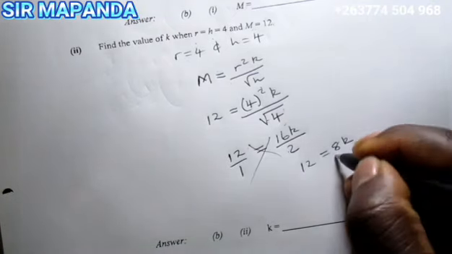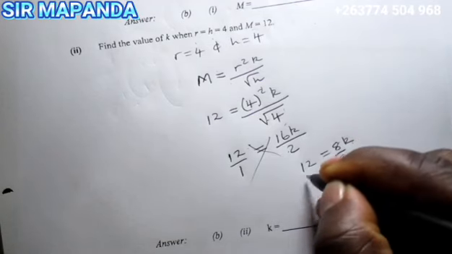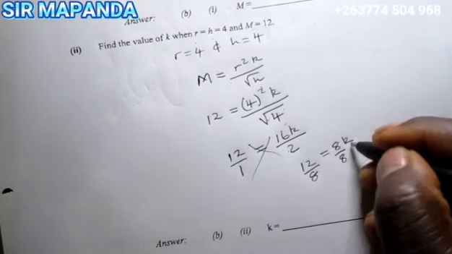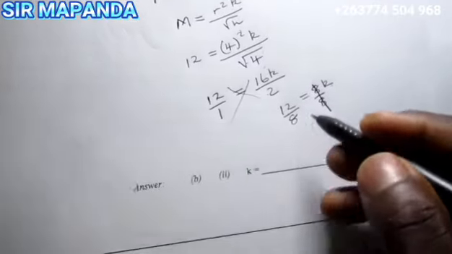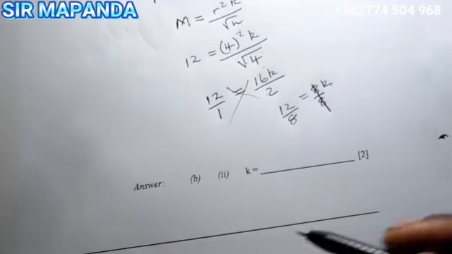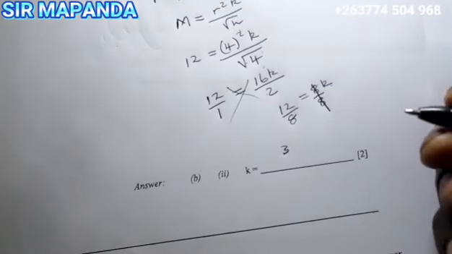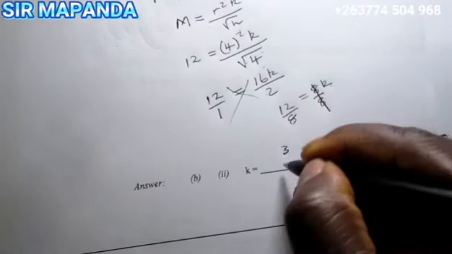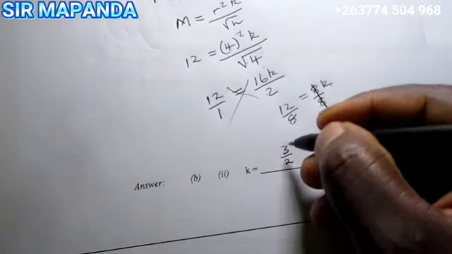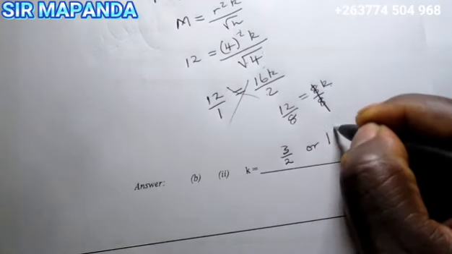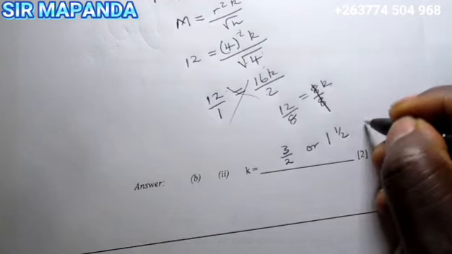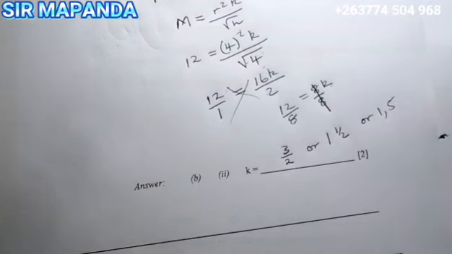So to make k the subject, divide both sides by the coefficient of k, which is 8. This can be reduced to lowest terms by 4. 4 into 12, you get 3, then 4 into 8, you get 2. So your answer is 3 over 2, or it can be written as 1.5. I hope you are listening, class.